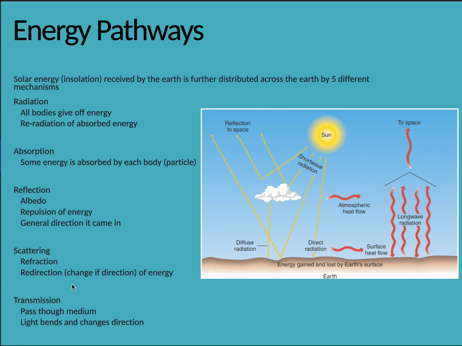That's really important because scattering is going to provide energy to different locations on the Earth. So solar energy can come in at one location, and a molecule of a particular compound in the atmosphere may be quite dense, and then push that energy off into a different direction. So think of it this way.